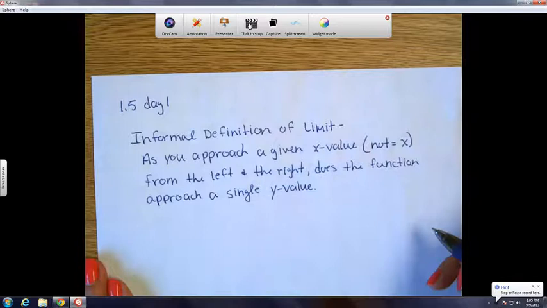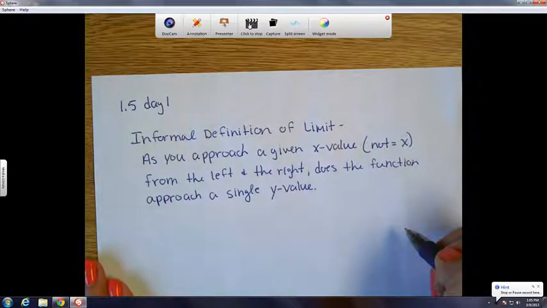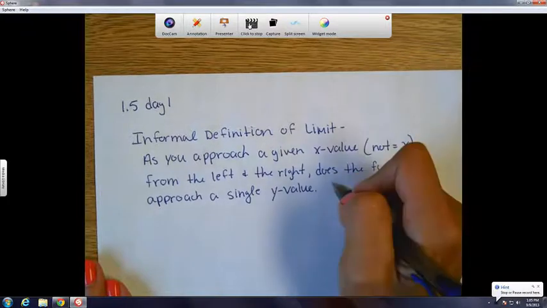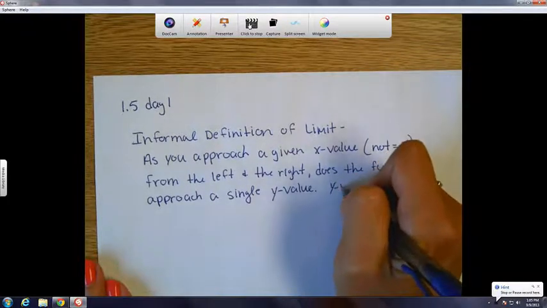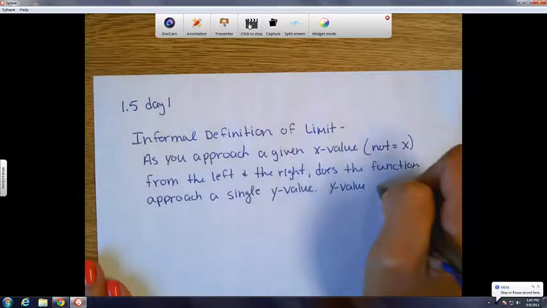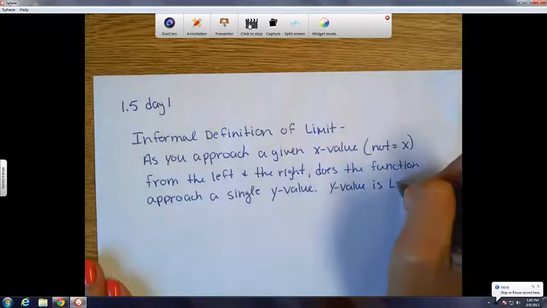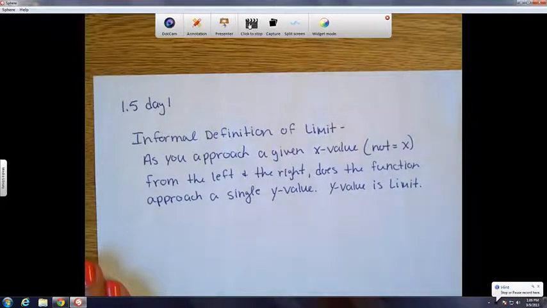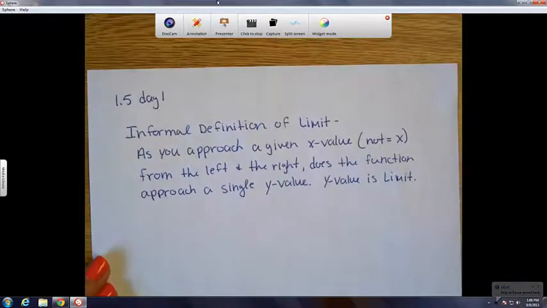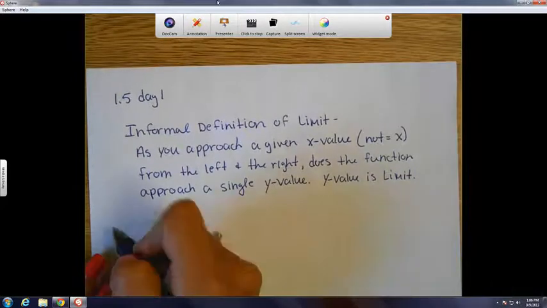If you say yes, it approaches a single y value, that y value is the limit of the function. So the y value is the limit. So when you've got a problem that's asking for a limit, think I'm only looking for a y value. So let's take a look at some examples on graphs, how you can see if a function has a limit and tell what it is.